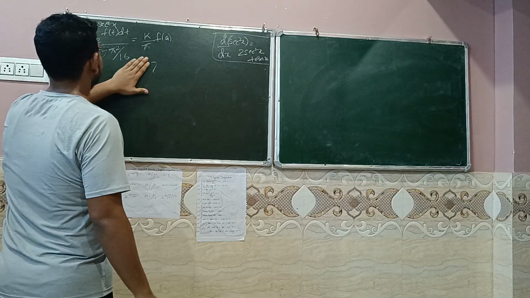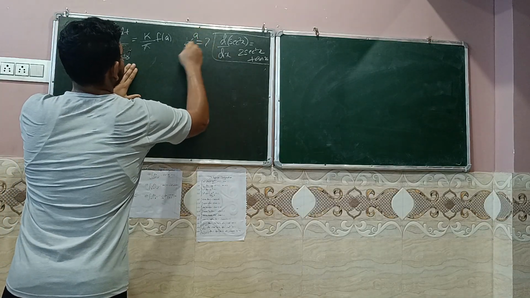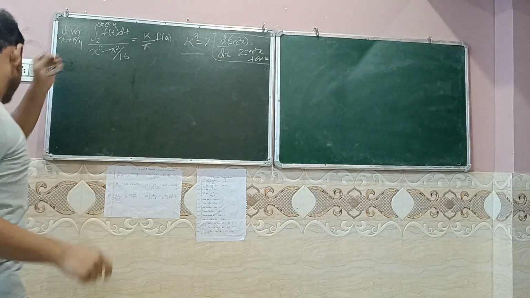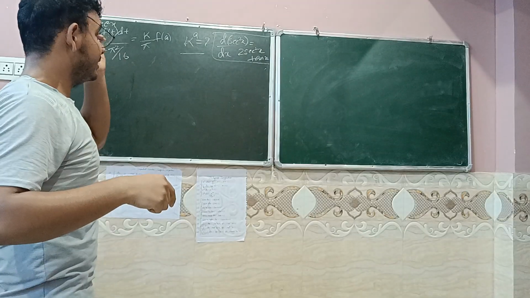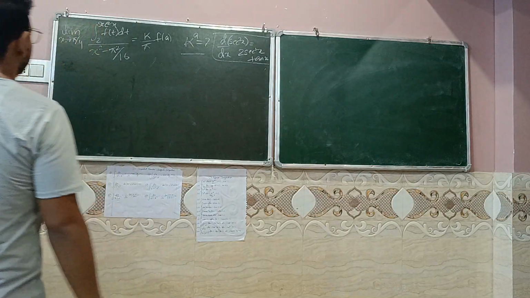I'm going to write it over here to save my space. Eventually we need to find the values of k and a, and then only we can compute this. So let's move on to the question.